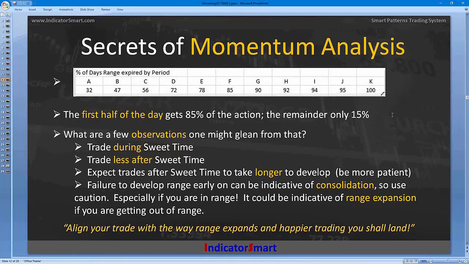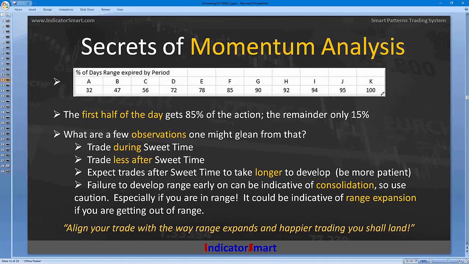And failure to develop range early on can be indicative of consolidation. So if the market doesn't meet reasonable goals, it can often be indicative that you're just not moving today. So you want to use caution. That's particularly true if you're trading inside a range.